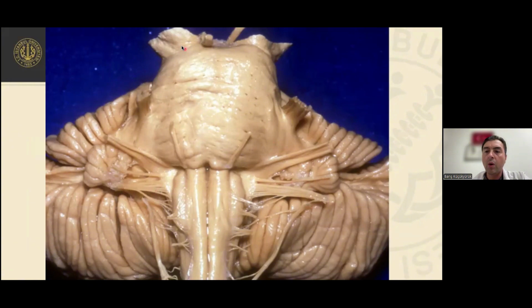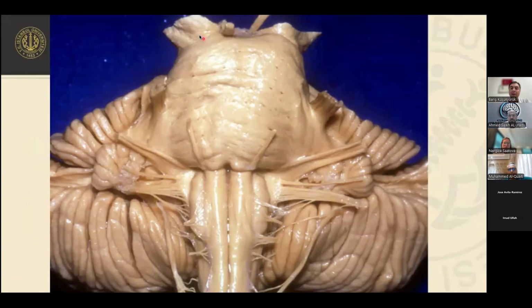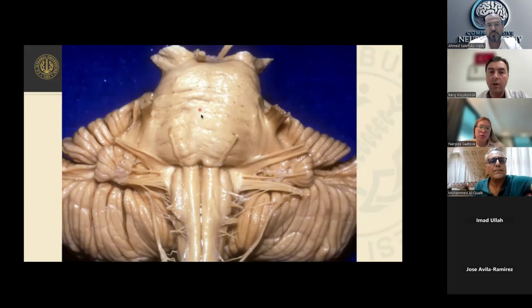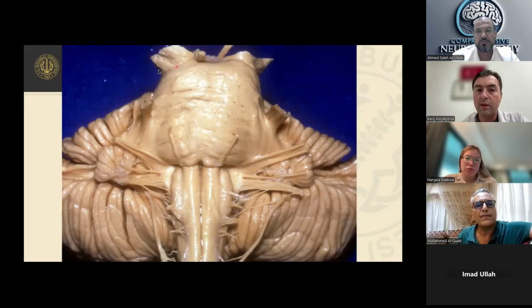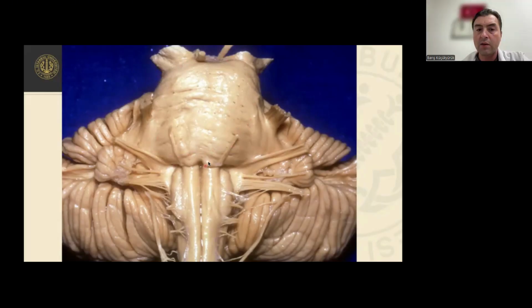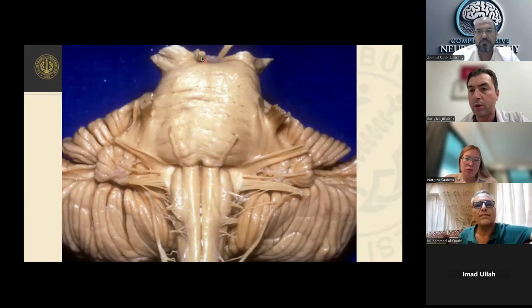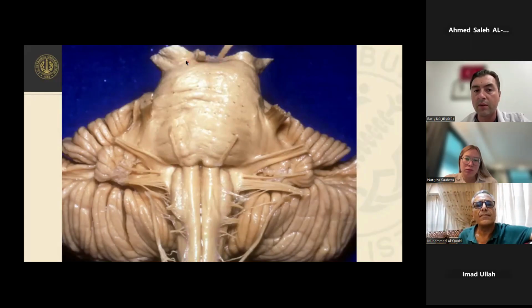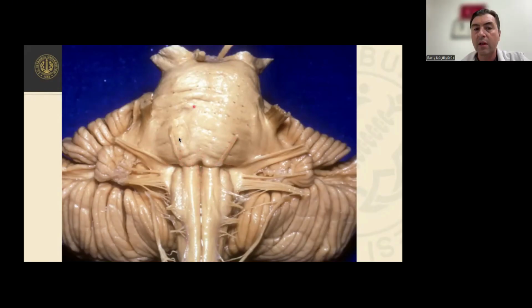Besides them, all cranial nerves exit from a level of the brainstem. This is the pons we see in the center, and this is the bulbus beneath it. Above the bulbus, just at the superior border of the bulbus, there is the third nerve exiting from the brainstem. And below it, through the pontomedullary sulcus, which is located here, exits the sixth cranial nerve.